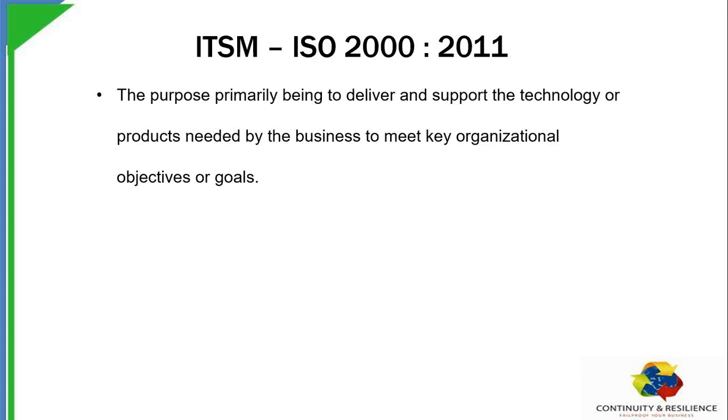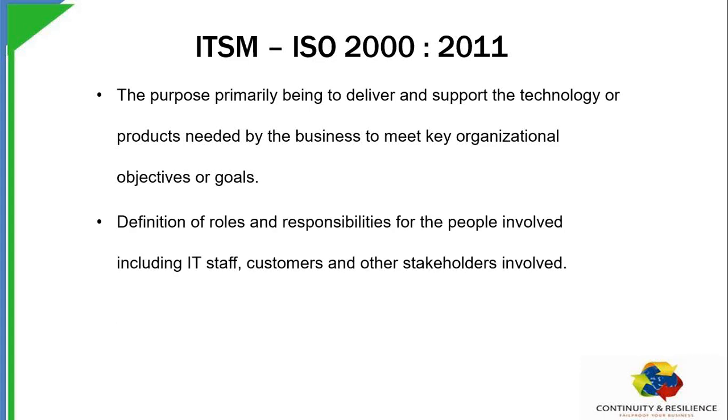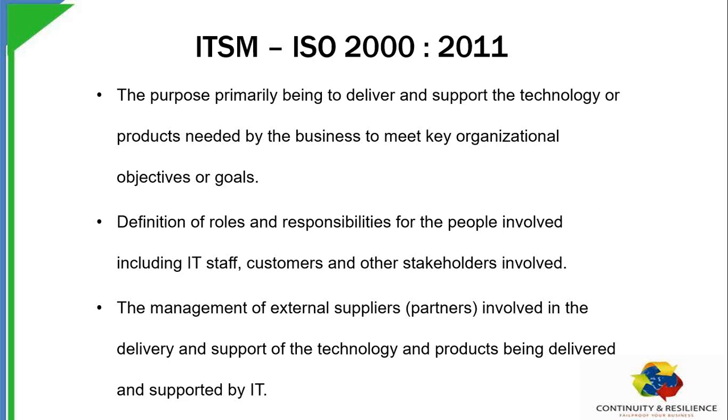The purpose primarily being to deliver and support the technology or products needed by the business to meet key organization objectives or goals. Definition of roles and responsibility for people, what all ITSM includes. It includes definition of roles and responsibilities of people involved, including IT staff, customers, and other key stakeholders involved. The management of external suppliers involved in delivery and support of technology and product being delivered and supported by IT.